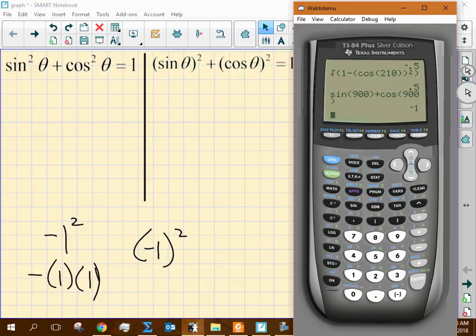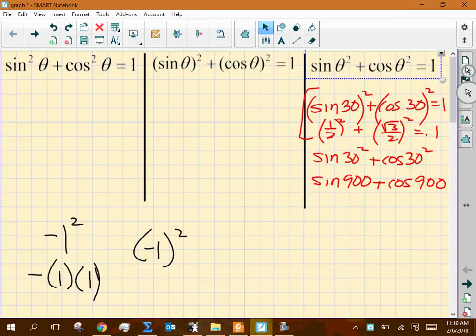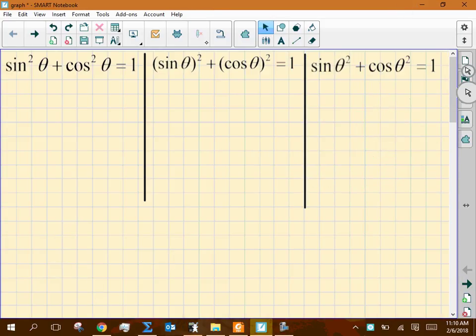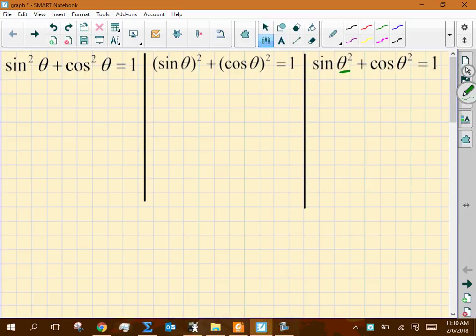I don't get the 1 I'm looking for, right? Okay. So we hopefully realize here that when we write this notation, we are not saying that sine is getting squared. We're saying that theta is getting squared, and that's not what we're looking for.